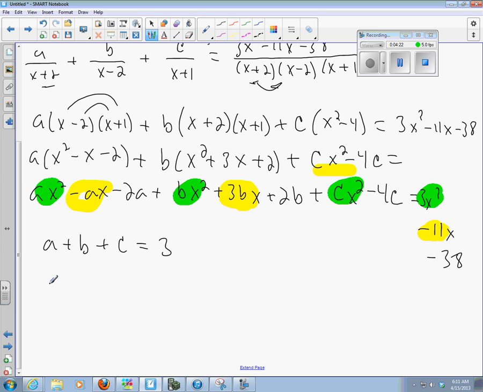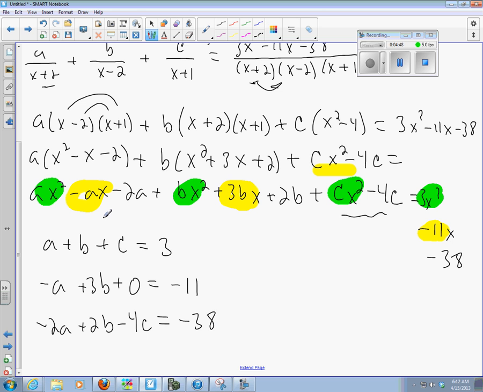So I'm just going to write negative a plus 3b plus 0, because this last term didn't have a linear term, equals negative 11. And then for my constant terms, since those are the only ones that aren't highlighted, I'll just copy those down. Minus 4c equals negative 38.